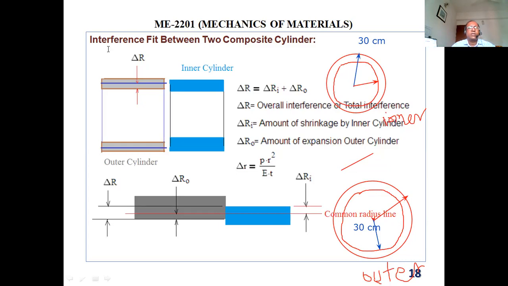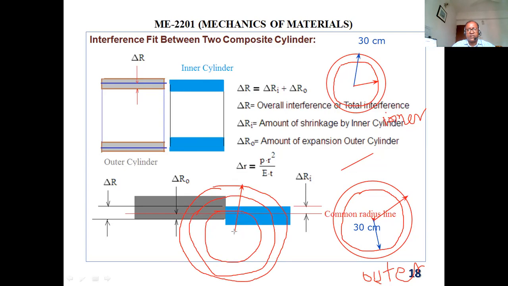After you put them together, this will be the diameter of the outer cylinder, it will be its inner diameter, and this is the inner one. So this is the common radius, right?